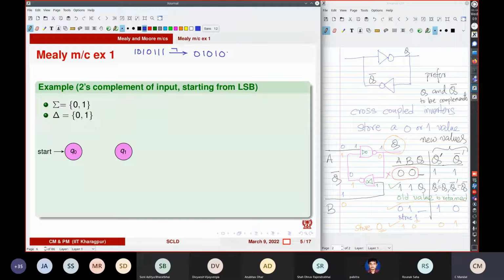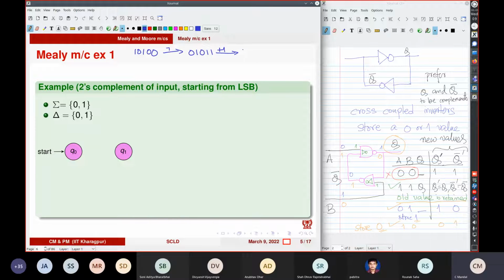Oh, sorry. This is not a good example. Let me just change the example. Let us consider an example like this: 0, 1, 0, 1, 1. All right. And then you increment, right?